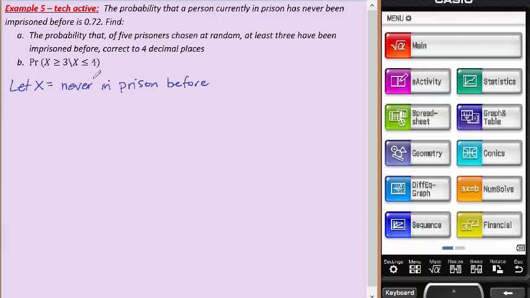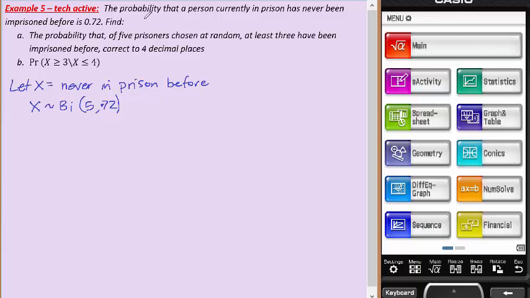So therefore, for the binomial distribution, x is a binomial distribution where we have 5 trials, so 5 people chosen, and the probability that we have success is 0.72. That should be 0.72, not negative 72. So that's what we're looking at.